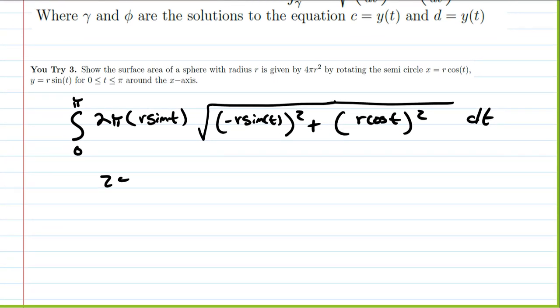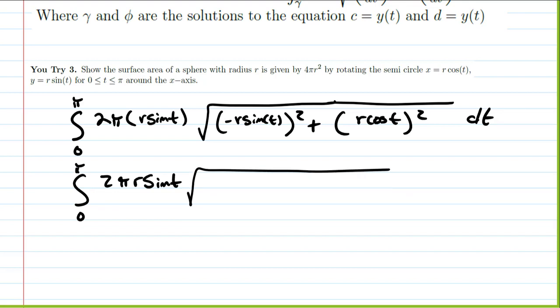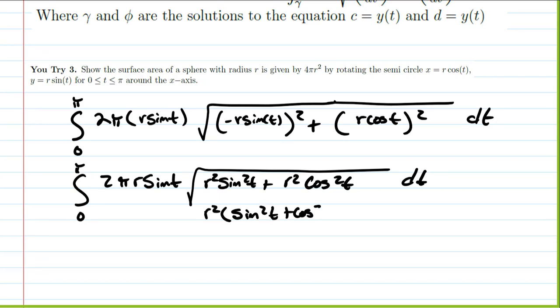So simplifying, we get 2 pi r sine t. And inside our radical, we have r squared sine squared t plus r squared cosine squared t dt. So factoring out our r squared, we're left with sine squared t plus cosine squared t.